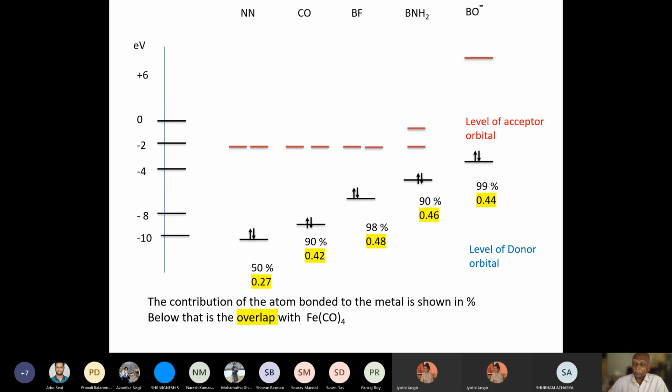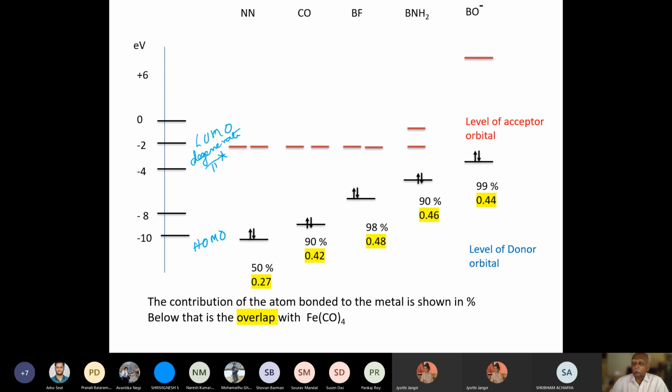If you remember, this is the HOMO. And this is the LUMO. And they have calculated the LUMO is a degenerate pi star orbital.